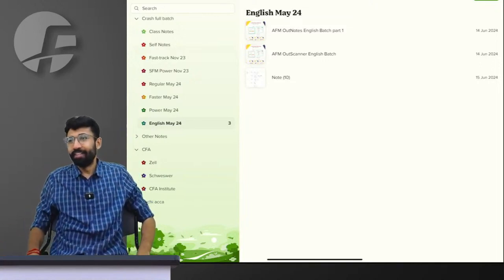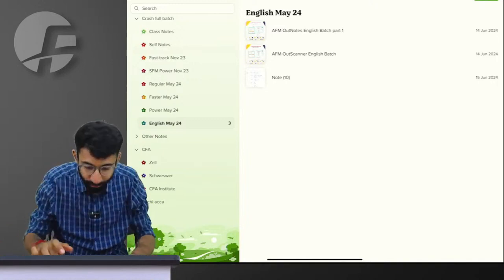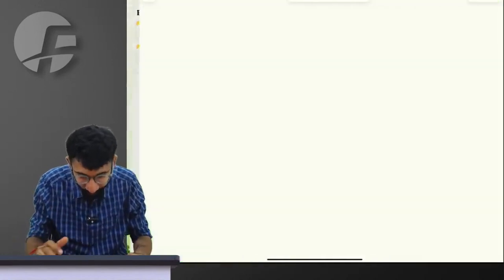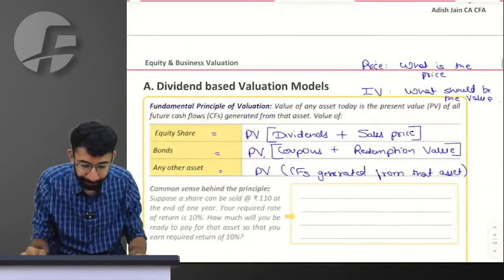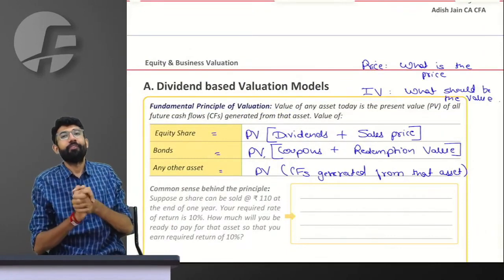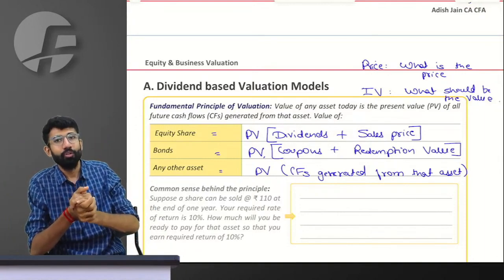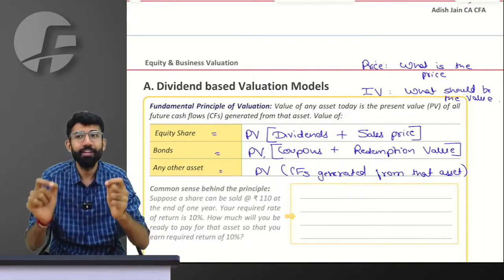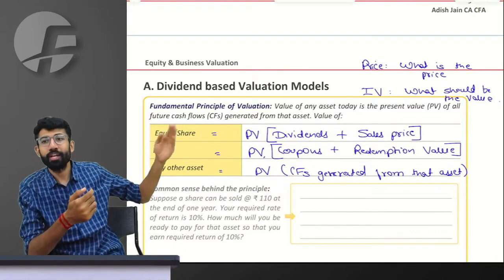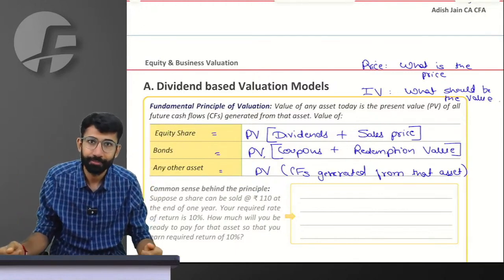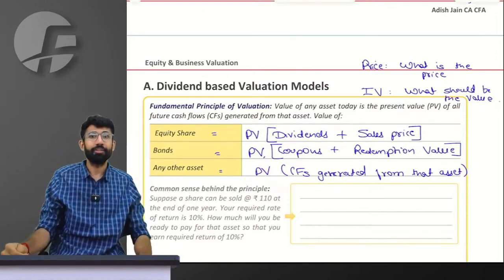All right. So can you people please help me recollect what was the discussion we had in the last lecture? So in the last lecture, if you recollect, I made you understand dividend valuation models, where we consider dividends of the company to find out the value of the share, where the underlying thought was: value of a share today is the present value of all future cash flows generated from that share, which means the present value of all future dividends to be received from that share.